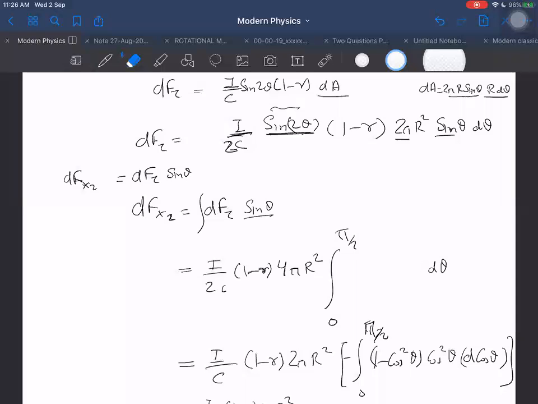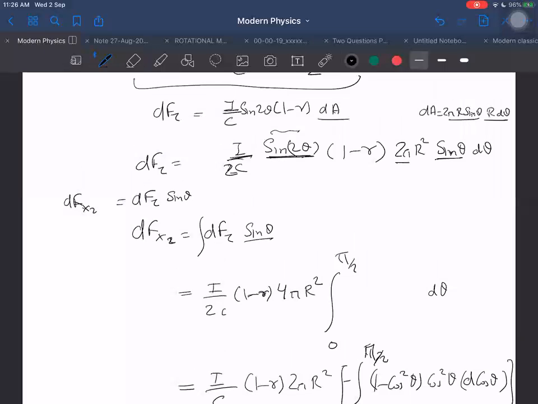One sin theta comes from here, one sin theta comes from here, so sin cube theta only, and then one cos theta comes from here. See, 2 sin theta cos theta, 1 sin theta here, and 1 sin theta after taking the component.